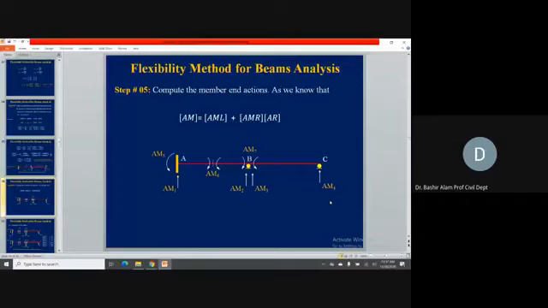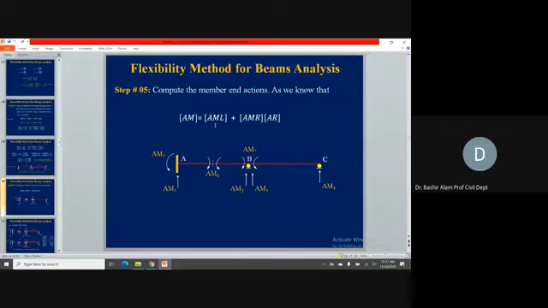So AM is equal to AML plus AMR times AR. Now, where will the AML values come from? These will be the corresponding values from the analysis of the determinate beam where we applied the actual loads.